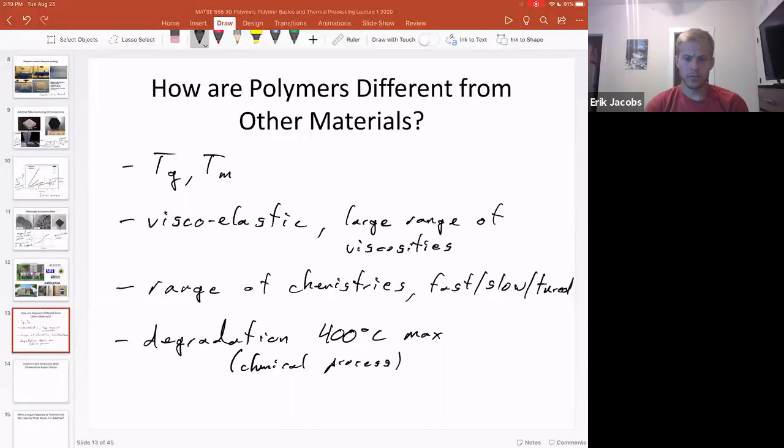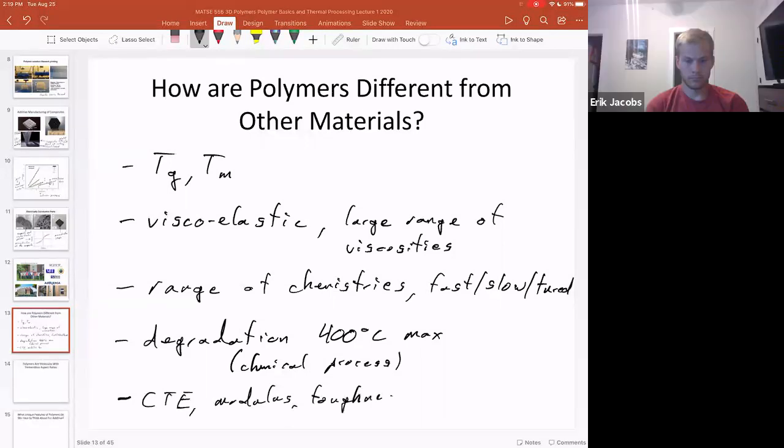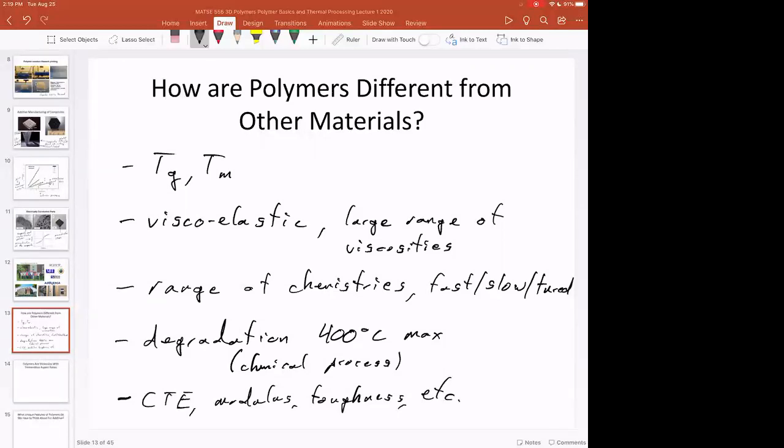Thermal expansion coefficients can vary based on what polymers you're using. Yep, you can vary CTE, modulus, toughness, etc. I mean, lots of materials classes have a range of materials properties, but you can go from elastomers like silicone all the way to glassy polymers like PEEK.